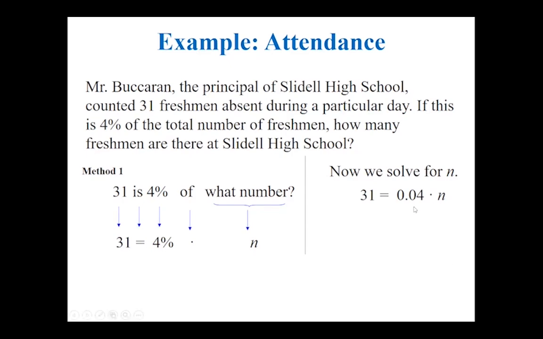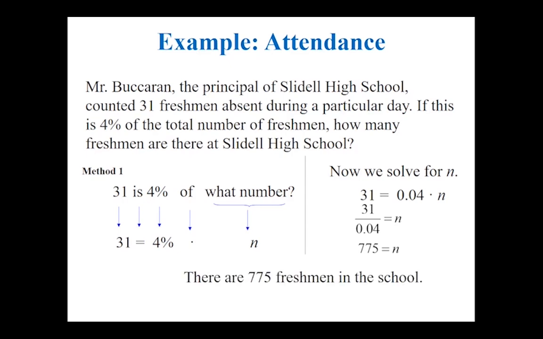We want to undo multiplying by 0.04. We do that by dividing both sides by 0.04. That gets the n on its own. And the calculator tells us that 31 divided by 0.04 is 775. That means that since n is the total number of freshmen, there are 775 freshmen in the school.